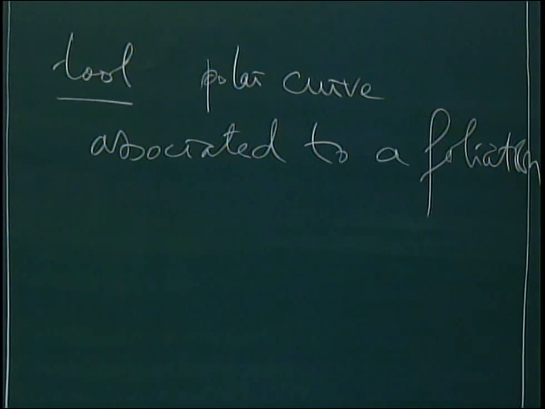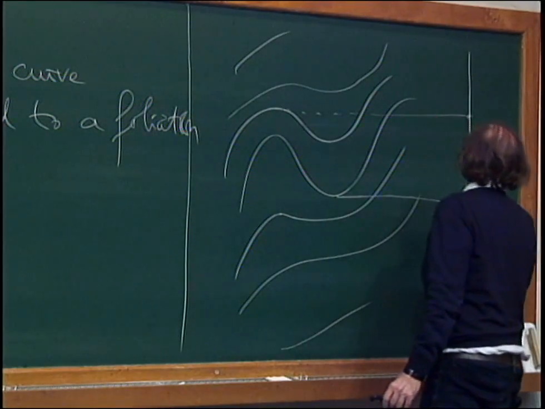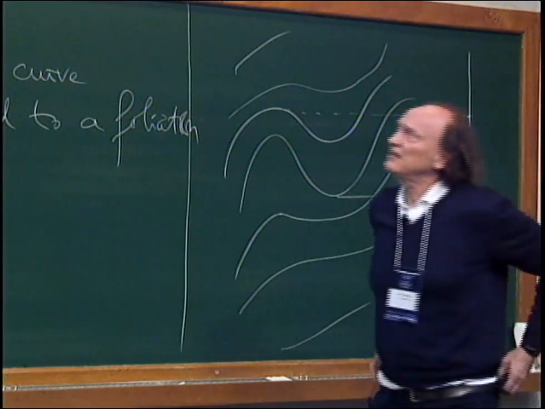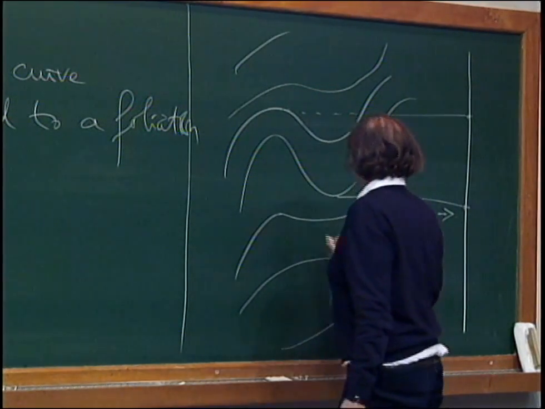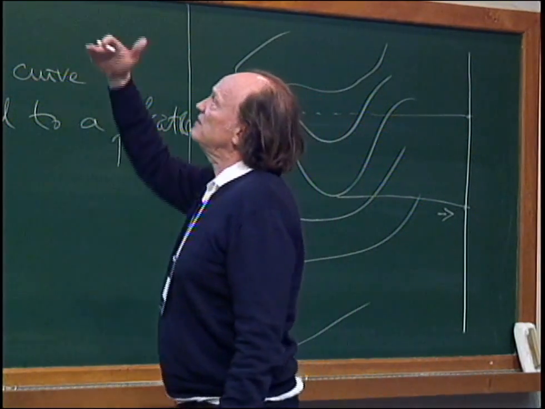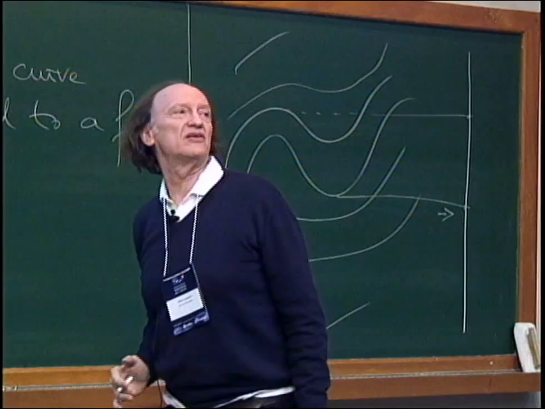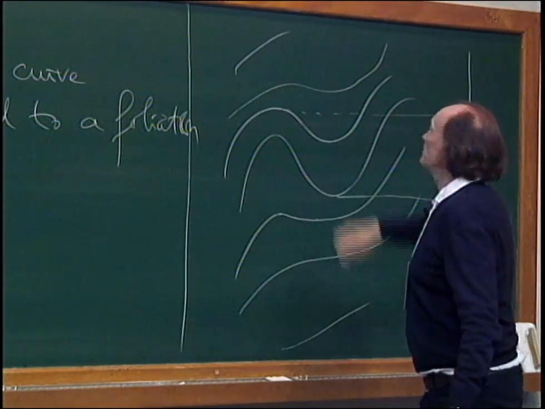And the polar curve is just defined by looking on each leaf at the critical point of the projection, the orthogonal projection on this line. And you can see that in general it gives a curve which may be sometimes tangent to the foliation when the tangent direction is just an inflection of the leaf of the foliation where you are looking at.